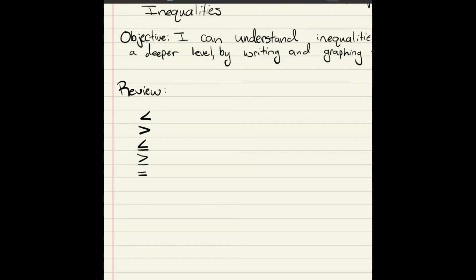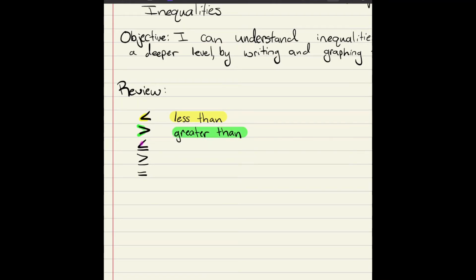Since the small end is first, going from left to right, this is less than. Since the big end is open here, going left to right, it is greater than.